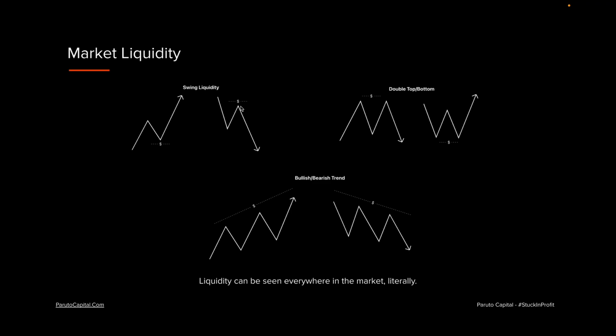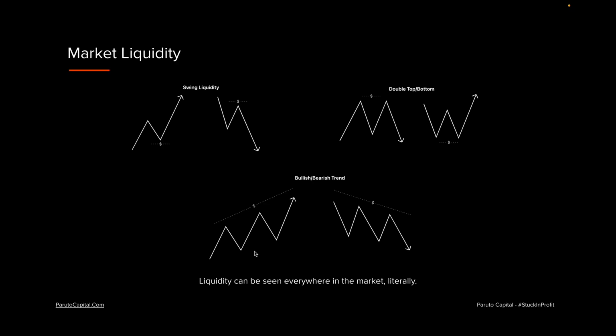And the same thing also for a bearish market. Now, how about double tops and bottoms? The same thing, where you have those structural inflections, essentially telling you that there's a lot of money that came into the market to create that structure. That is simply what it means. The same thing applies to bullish and bearish trending markets, where you have all the lows, and the highs for the lows, for example, in a bullish trending market.